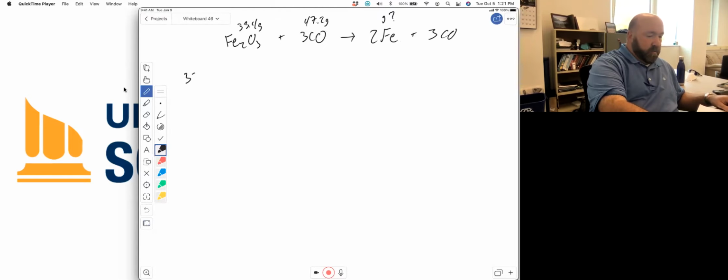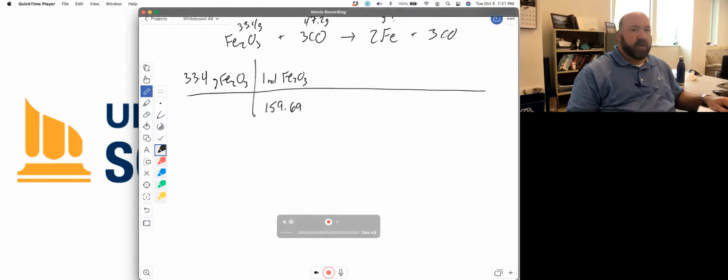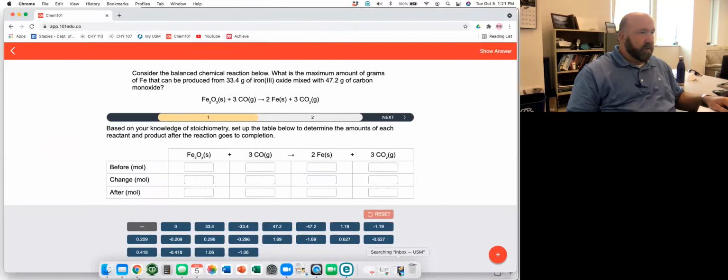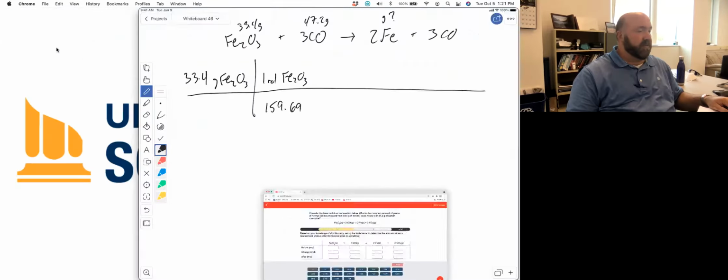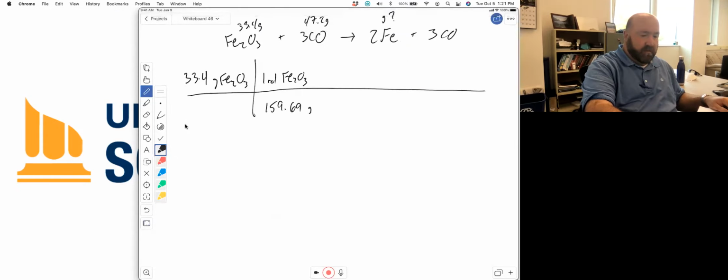So we have our 33.4 grams of Fe2O3. We use our molar mass of iron oxide, which I don't remember if it was supplied in the problem or not. It wasn't, so you would just have to calculate the molar mass of iron 3 oxide, which is 159.69.